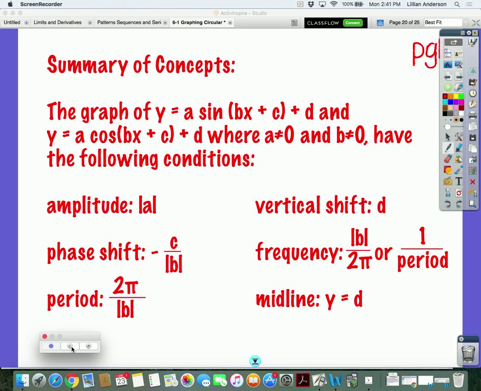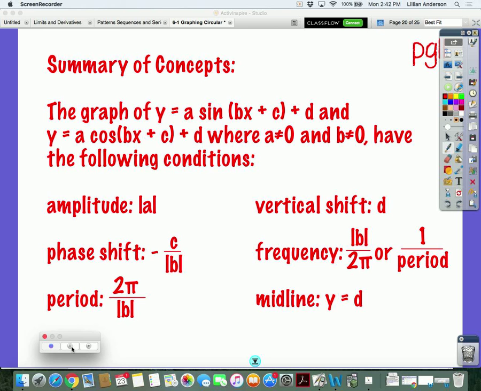So we have basically taken the equation and graphed the function. Now we're actually going to go the opposite direction. You're going to be given a graph, and you're going to have to write the equation yourself. Or you'll be given different pieces of information, like the amplitude and the phase shift, and you have to write the equation yourself. So basically we're going backwards now, okay?